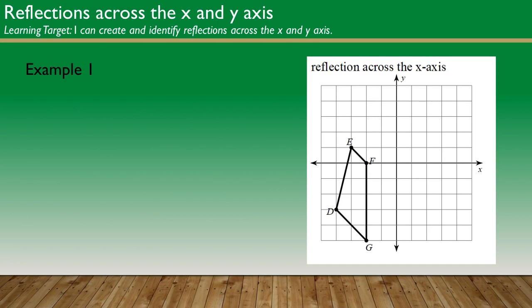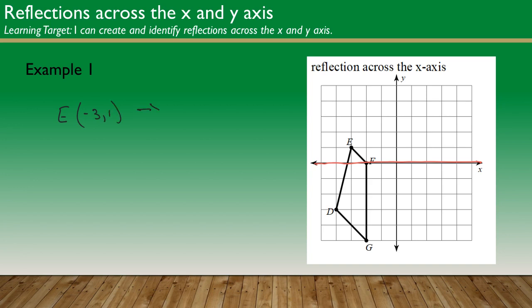So let's take a look at some examples of this. If I want to reflect this thing across the X axis, the X axis is right here. Originally I have point E at negative 3, 1.